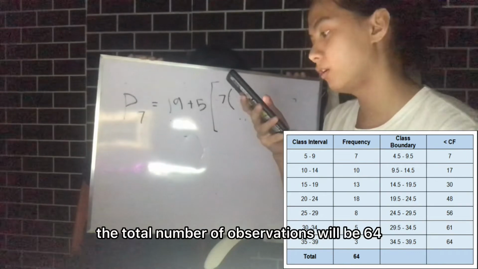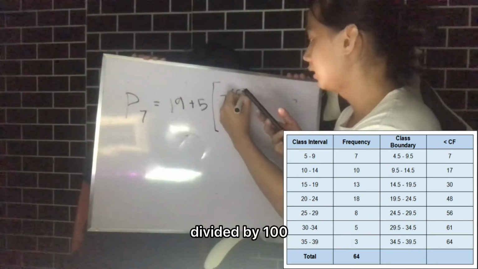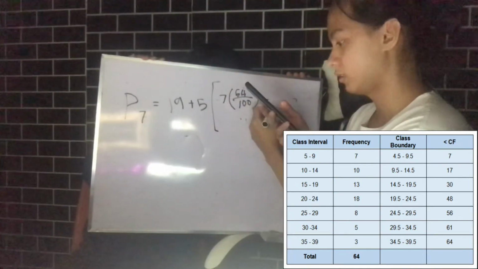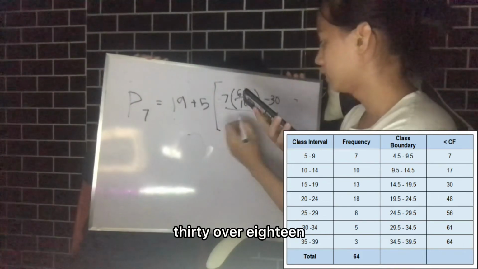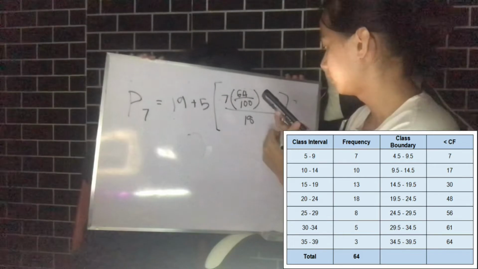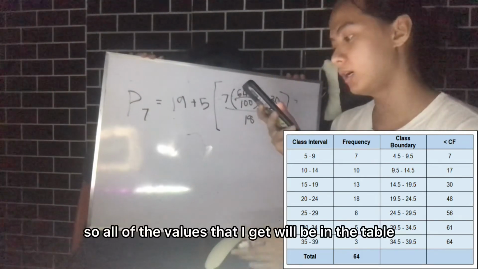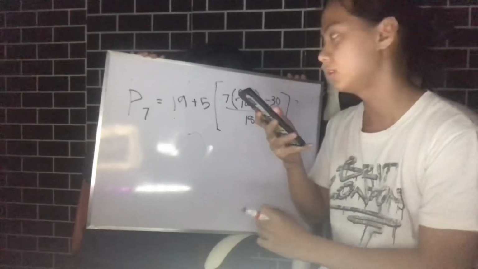The total number of observations will be 64 divided by 100 minus 30 over 18. So all of the values that I get will be in the table.